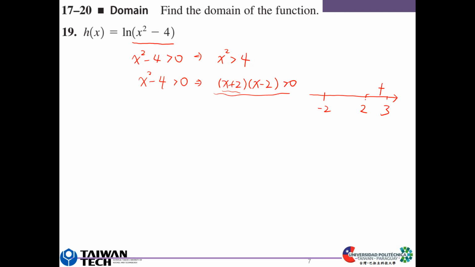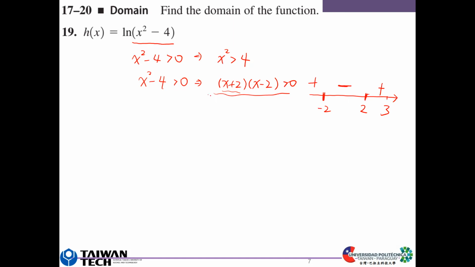If we put 0, this is 2 times minus 2 smaller than 0, so we know this segment is minus. And then we can choose anything smaller than minus 2, for example minus 3. Minus 3 plus 2 is minus 1, minus 3 minus 2 is minus 5, so minus times minus is larger than 0.